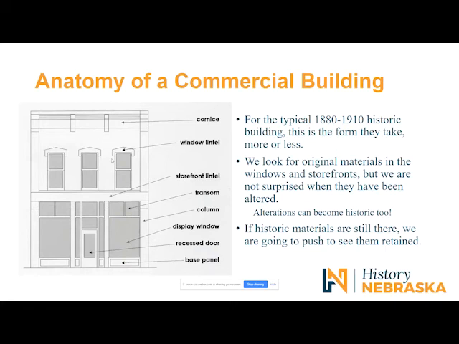Sometimes they're also pressed tin. And then, of course, we're always looking at historic windows. This is called a storefront lintel, the space in between the two floors, and that's often a great place to put some signage. The windows above the big storefront windows are called transoms.